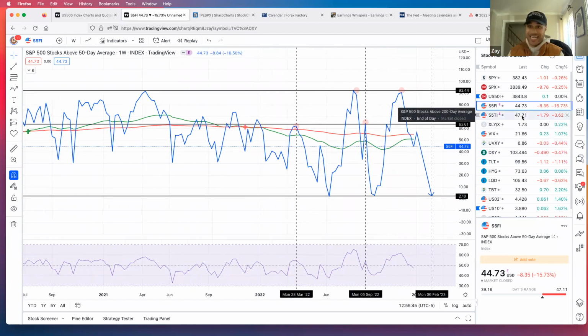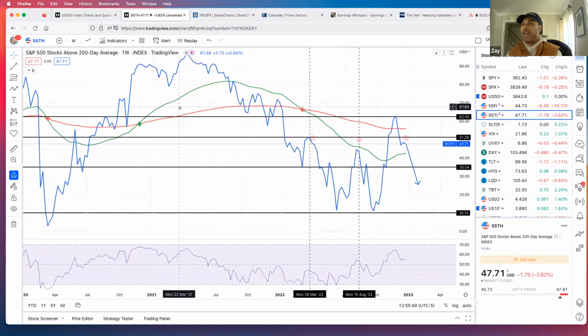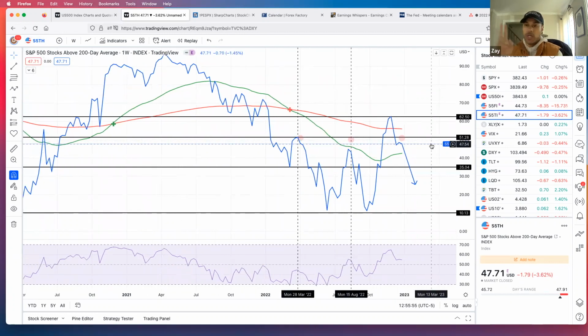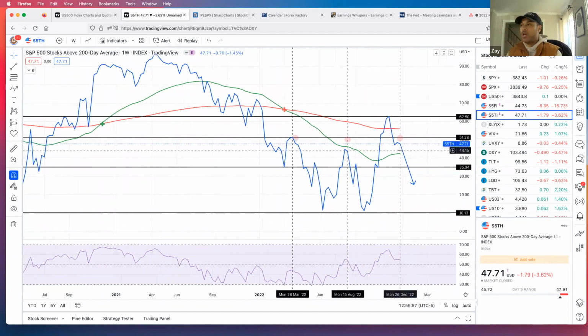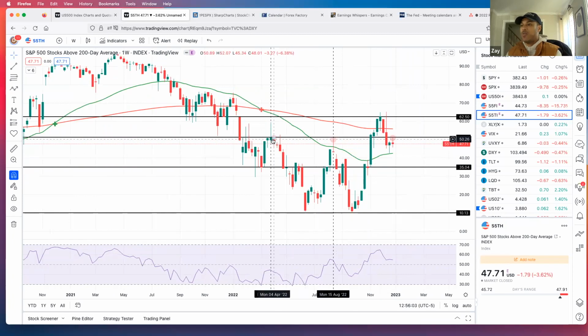The next indicator that we will be using, in similar fashion, is the S5TH, the S&P 500 stocks above the 200-day. This is the main indicator number 2. Same situation. Let me remove that. I was just playing with some projections here. But as you can see, this was around March, this was around August, and here we are currently in December, and as you can see, a sell-off ensued.